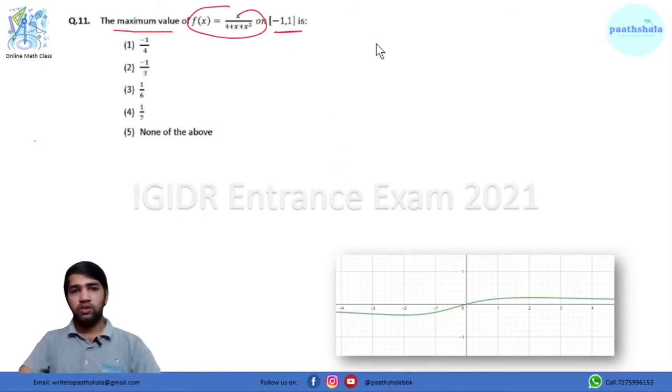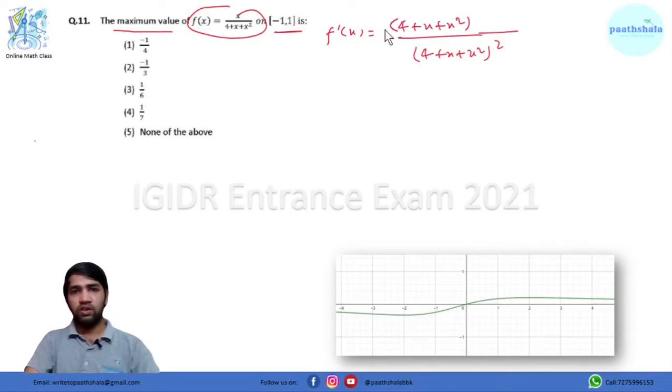In order to find the maximum value, first find the first derivative. By the quotient rule, this will come out to be (4 plus x square) whole square. Then this will be 4 plus x square, and differentiation of x is 1, minus x, and differentiation of 4 plus x square, that is 2x.